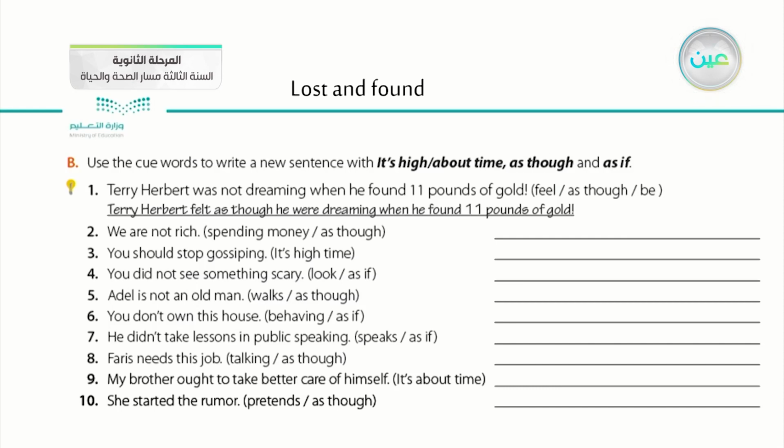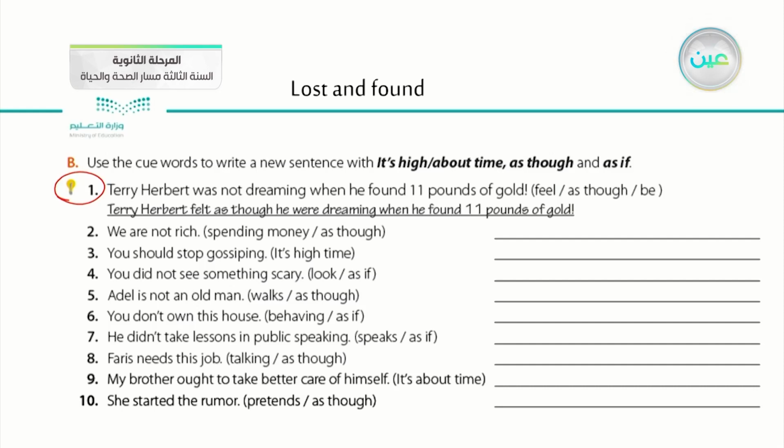Now we have an exercise regarding the last part. Use the cue words to write new sentences with it's high or about time, as though, and as if. We have a list of sentences on the left side, and we are asked to do something with the words between the brackets. Let's take number one as an example.